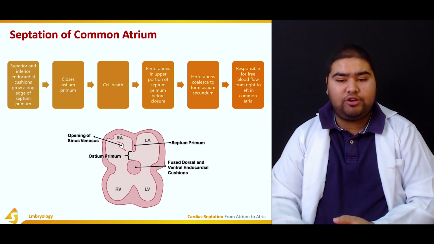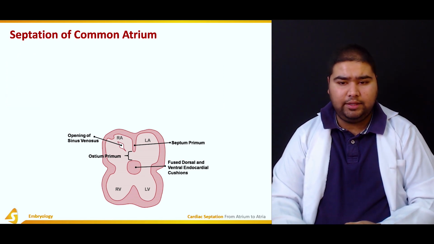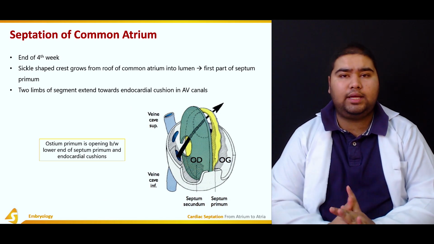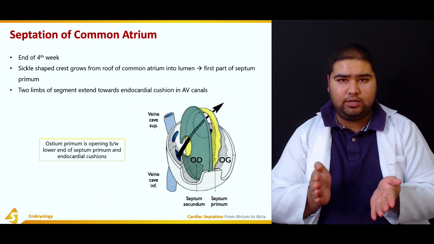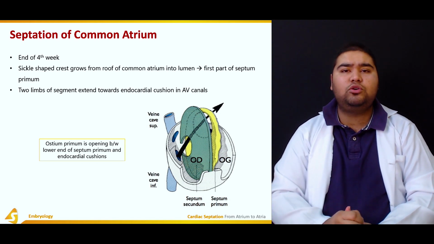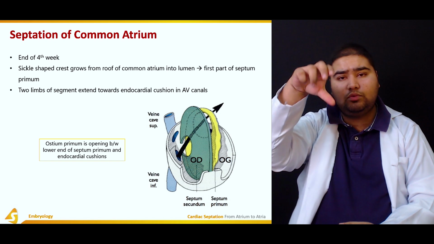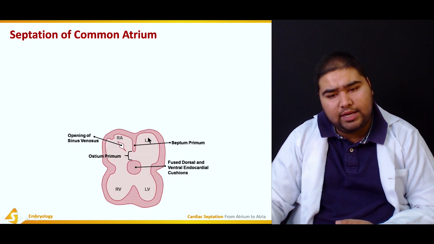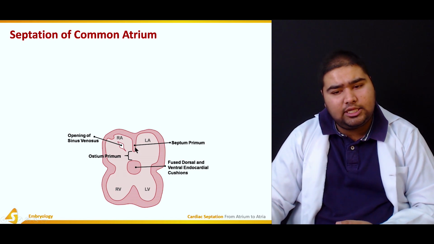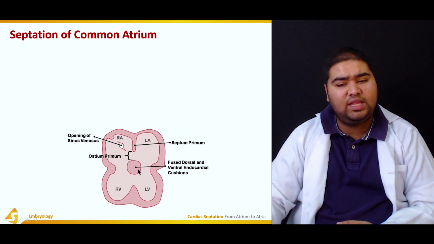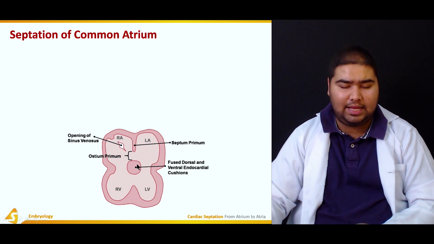Now recapping and going to the previous figure. What do we have? Initially, it's a common atrium. Now a sickle-shaped fold grows from the roof of the atrium. This is the roof of the common atrium, and the sickle-shaped fold grows towards the endocardial cushions within the AV canals.